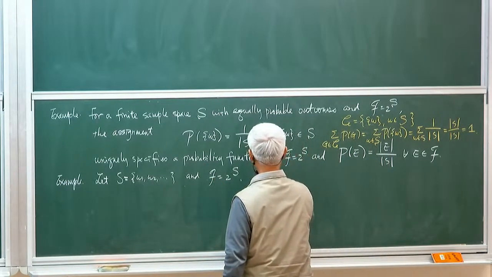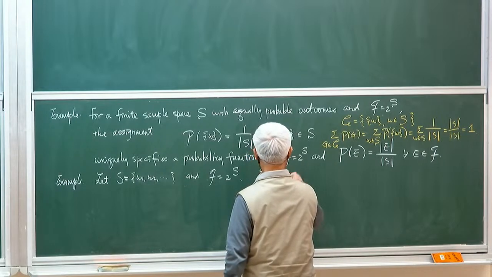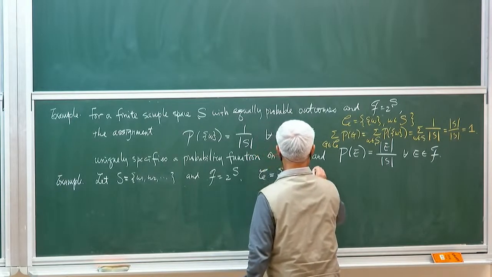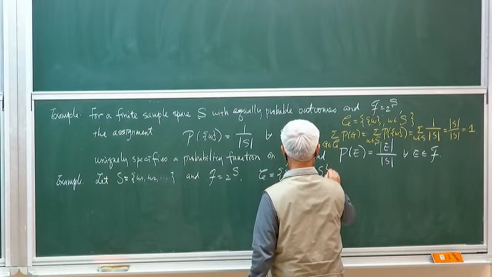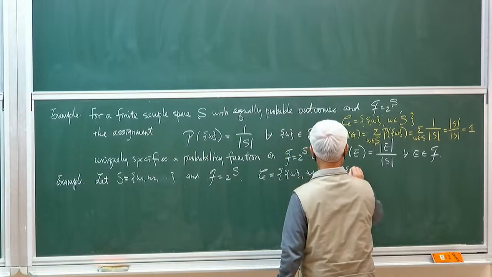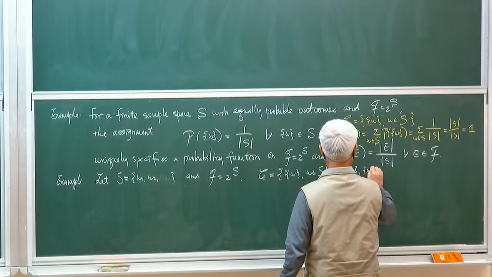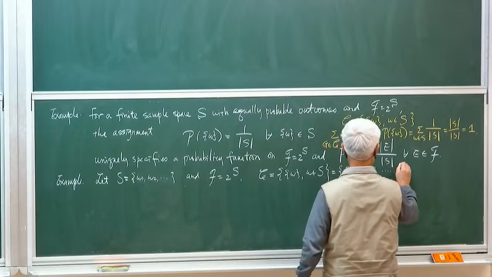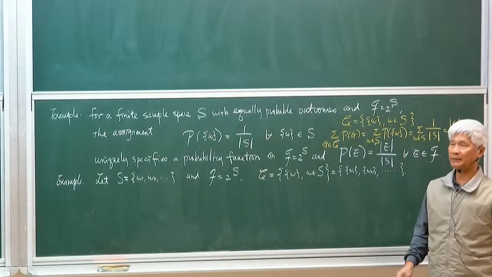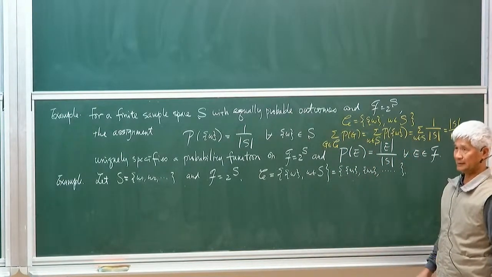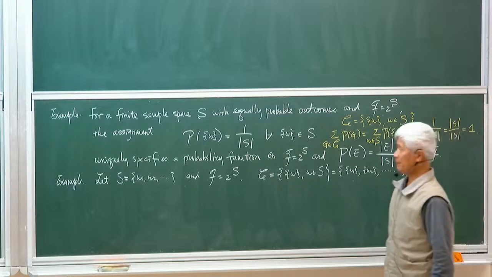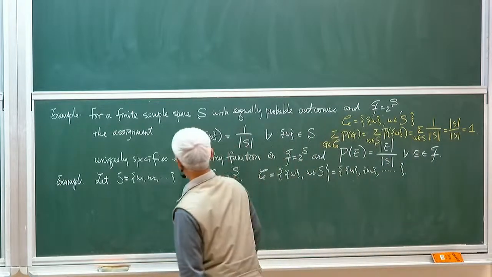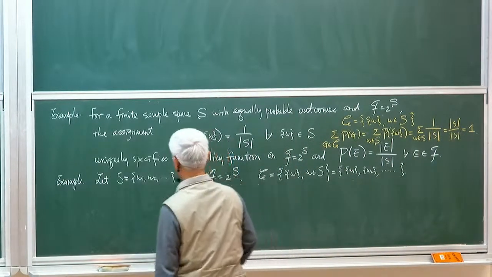Then again, C is equal to the collection of singletons omega 1, omega 2, etc. So atomic events are just singletons.